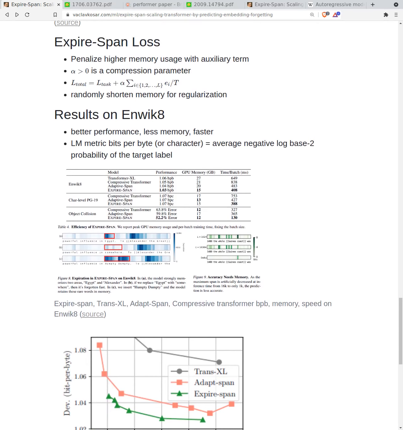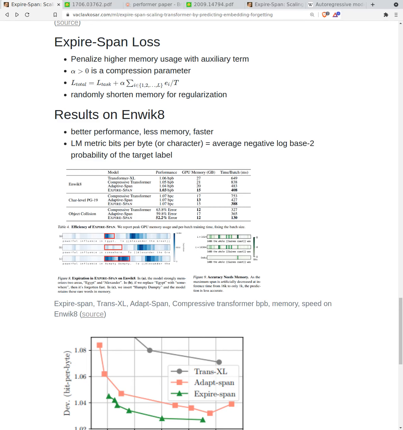The loss for Expire-Span has to be modified a little bit. We need to make sure that the model is trying to keep only what's important. So we penalize it linearly with the number of memories that it keeps. We add to the loss function an additional term, which is the sum of the memory weights that it keeps.